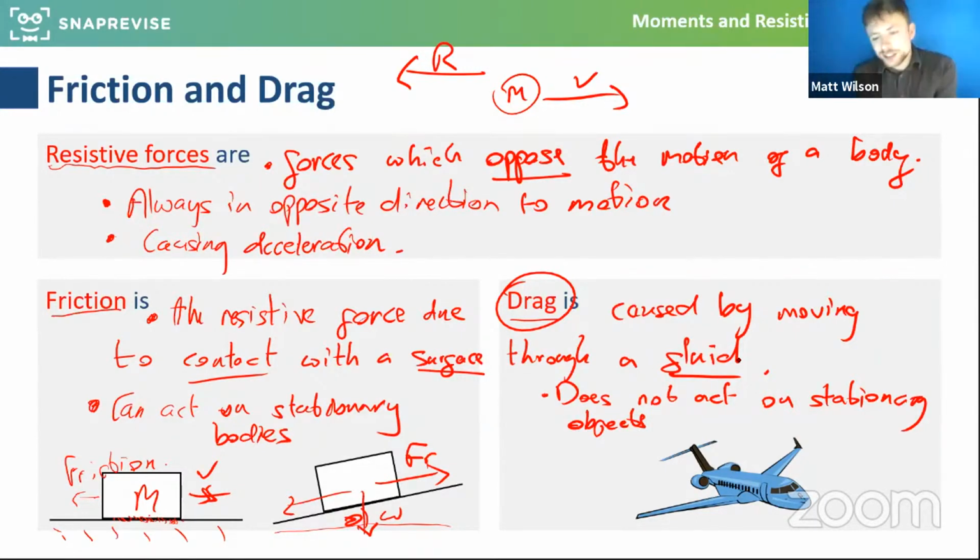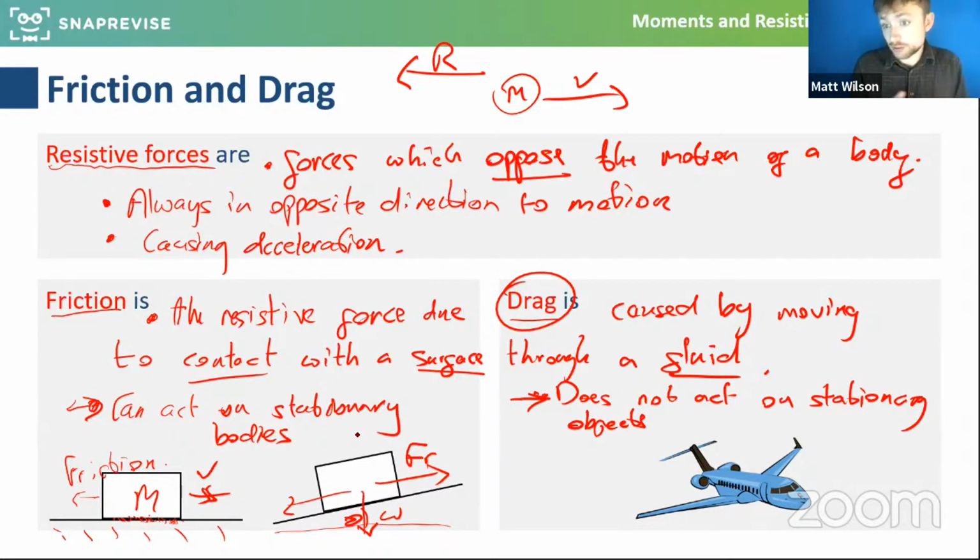So we can consider drag like fluid friction, but it's a bit dangerous too because of this second point. If you're wondering about that, just look at the second point here. Friction can act on a stationary body. Friction can stop something from even starting to move, whereas drag only acts when an object is actually moving.